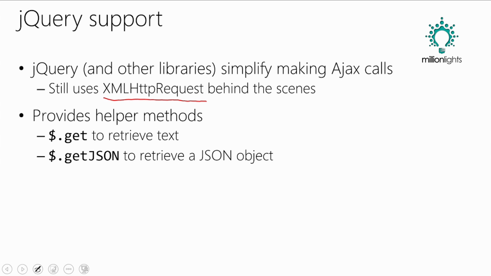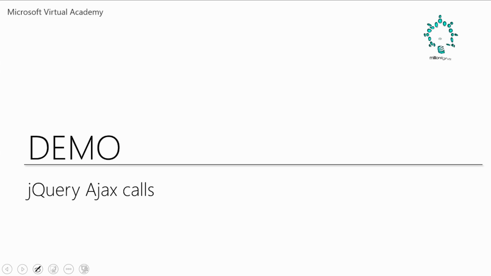But you're going to notice that it makes it just that much easier. If I just want to go get text, it's just simply .get, and that's it. And if I want to go get JSON, then it's just simply $.getJSON. And that's it. So it becomes much easier for me to use that rather than using the XML HTTP request object.